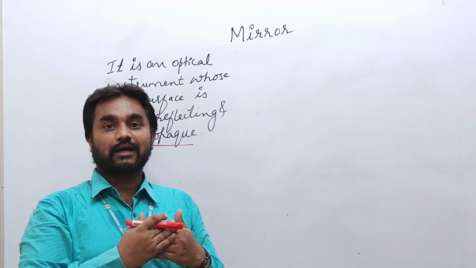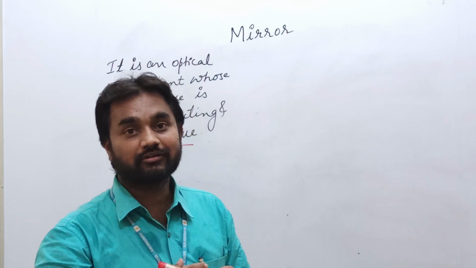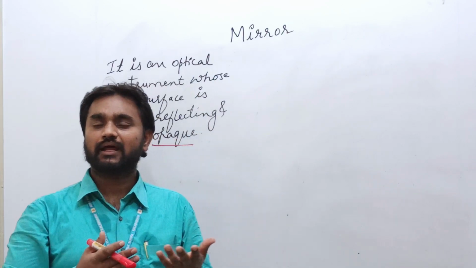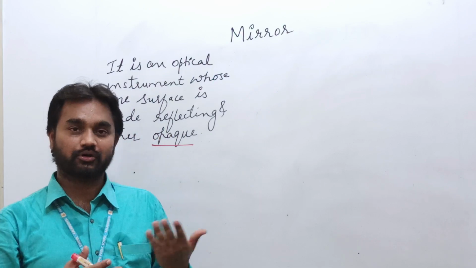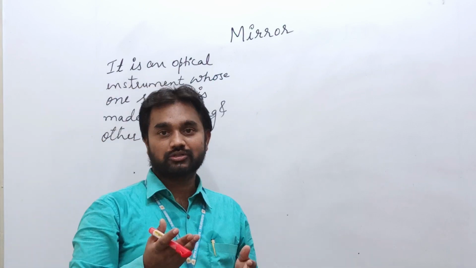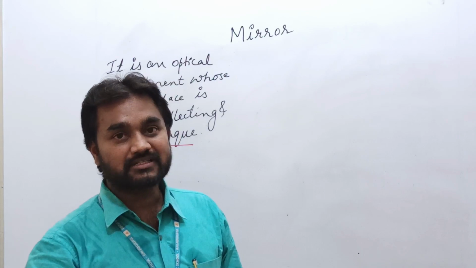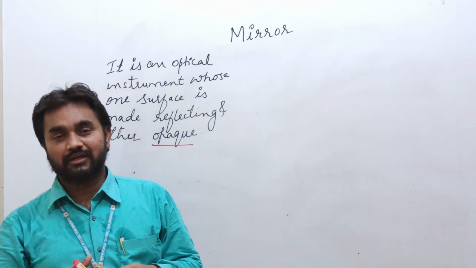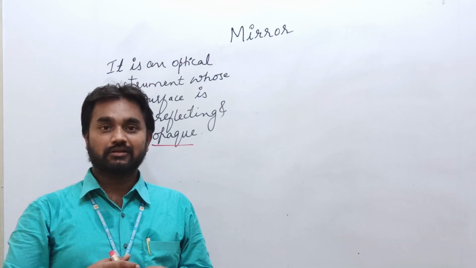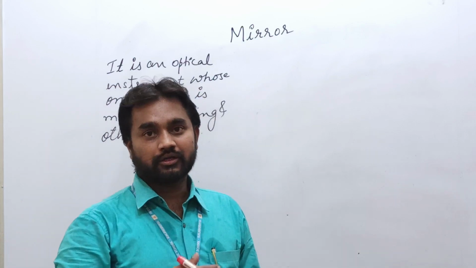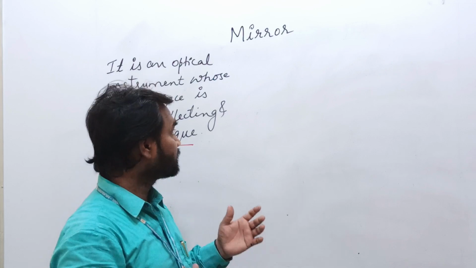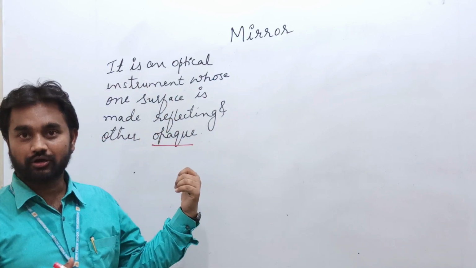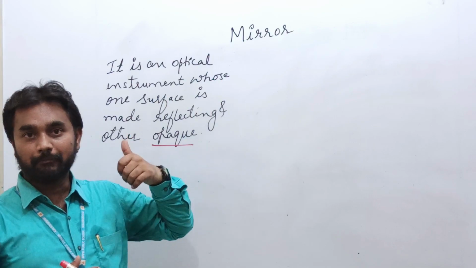Beneath that color, they use a reflector, which might be aluminium or a silver coating. Earlier they used silver coating because silver is considered the best reflector, but as aluminium is a bit more reasonable, they now use aluminium to coat. So one surface is made reflecting and the other is kept opaque. So that is the mirror.